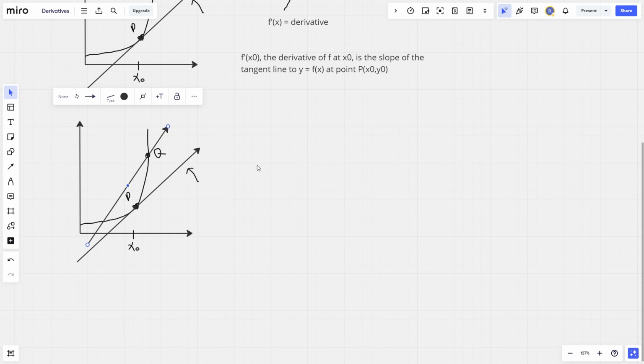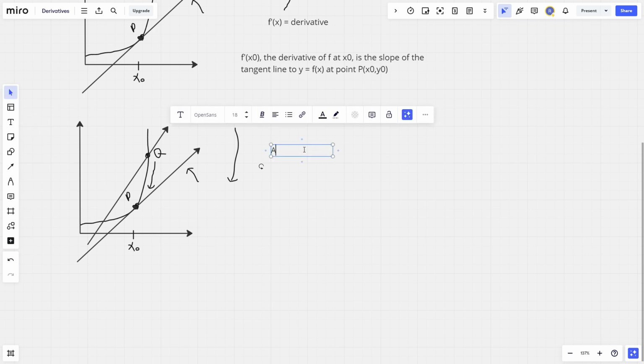So it intersects the function twice. What happens is, as this secant line approaches the tangent line, as in the slope of the secant line approaches the slope of the tangent line, it converges like this, and the secant line will eventually become the tangent line. So let's write this down. As point Q approaches point P, or gets closer to it, the slope of the secant line will get closer to the slope of the tangent line.